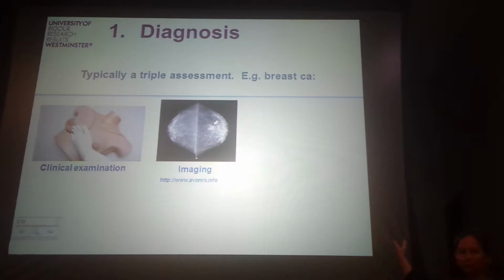So you've got these two modalities which are used, one for the symptomatic, one for the asymptomatic, and then there's a crossover between the two. Now, there are all sorts of issues about both of these types of approaches, but enough to say that essentially you have both of these approaches.